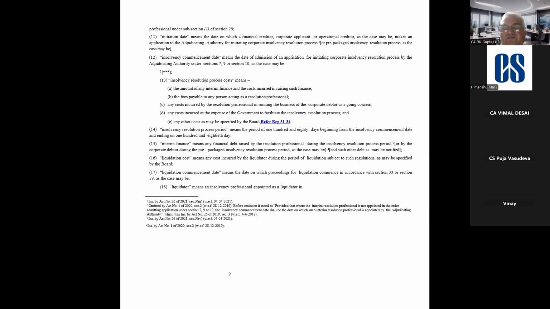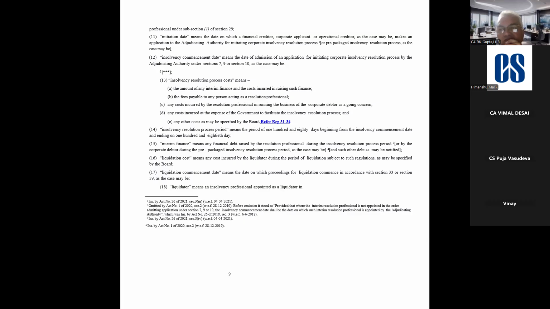So there are certain fees which have to be paid in priority to other payments like financial debts or operational debts. So before any financial creditor or operational creditor is paid, what has to be paid first is covered under the insolvency resolution process cost. So it covers the cost of running the enterprise during the insolvency resolution process period.